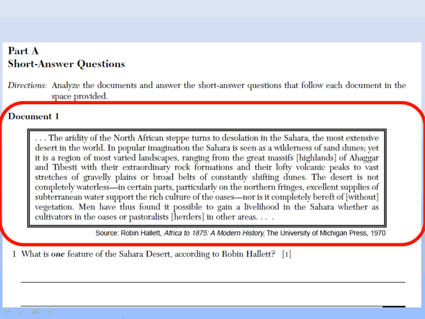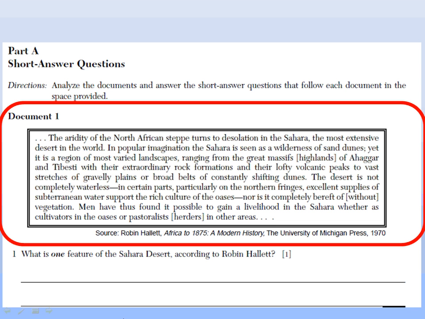In popular imagination, the Sahara is seen as a wilderness of sand dunes, yet it is a region of most varied landscapes, ranging from the great massifs or highlands of the Ahaggar and the Tibesti, with their extraordinary rock formations and their lofty volcanic peaks, to the vast stretches of gravelly plains or broad belts of constantly shifting dunes.